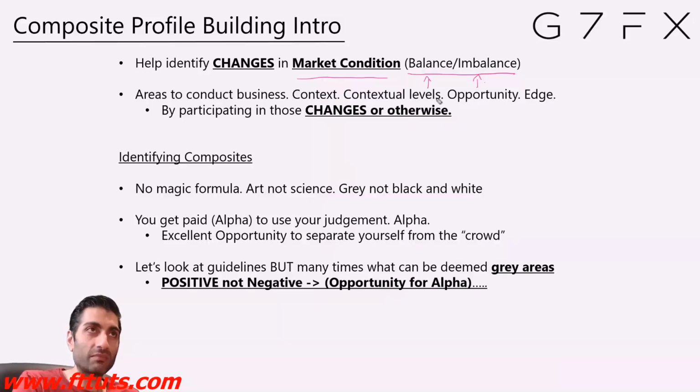And I know I've taken a while to go over this first bullet point, but I really cannot say this enough: you've got to be able to identify balance versus imbalance, okay?